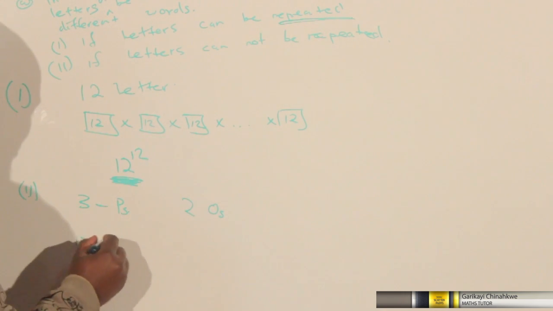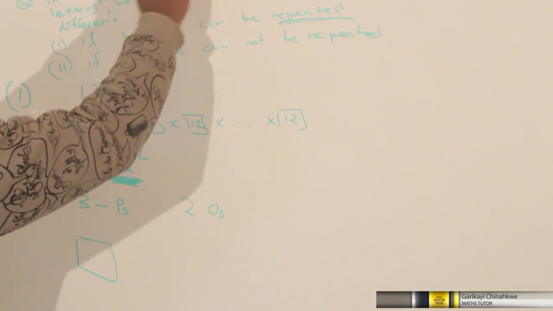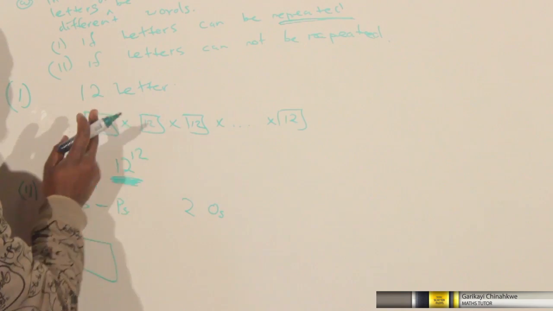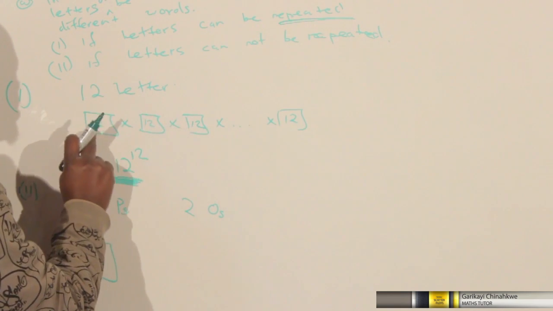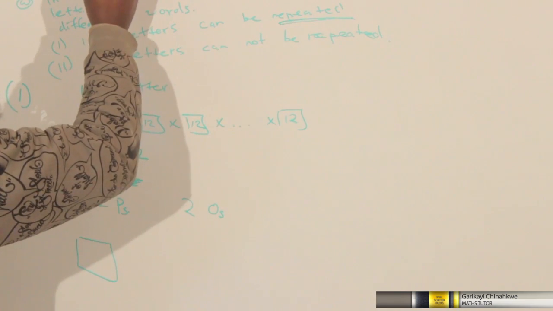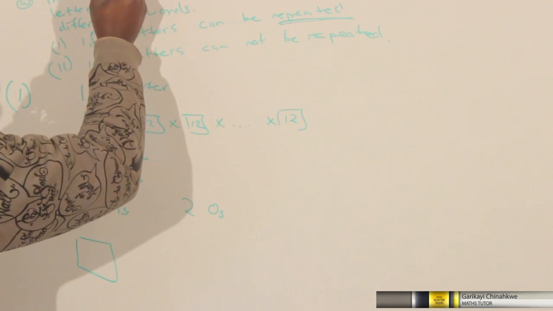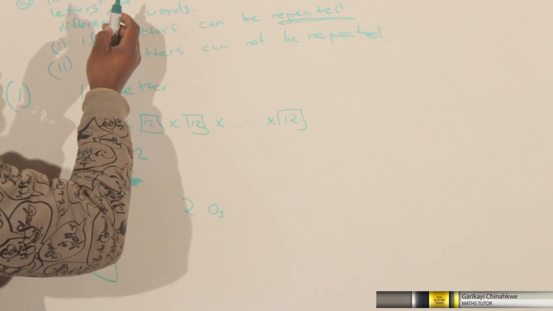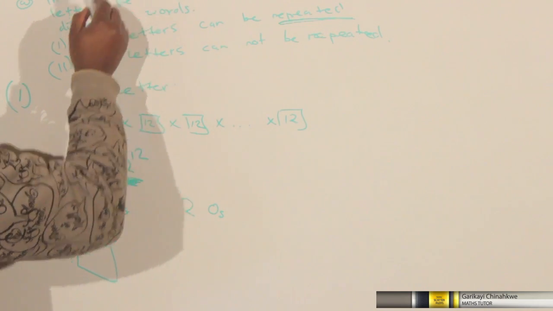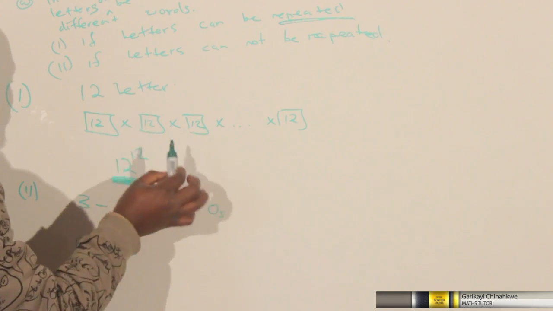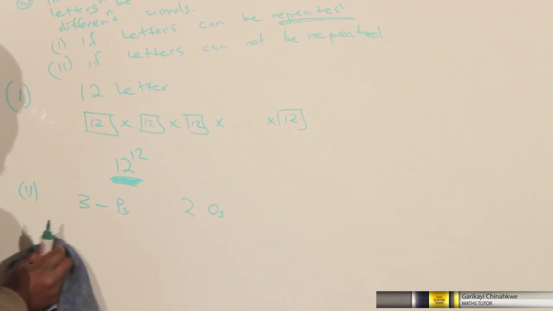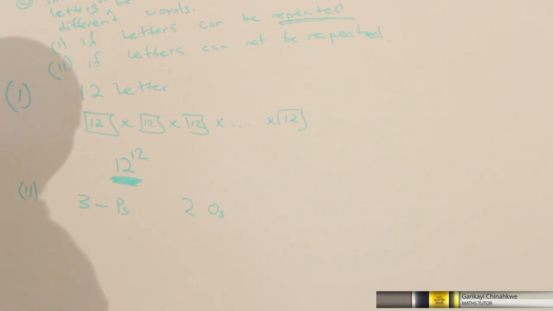But if letters cannot be repeated, what are they saying? The first position can take all these letters, 12 of them, as in the previous example. But as for the letter P, there are 3, and we're only going to consider 1. So whenever they say cannot be repeated, you are going to use what is called factorial.